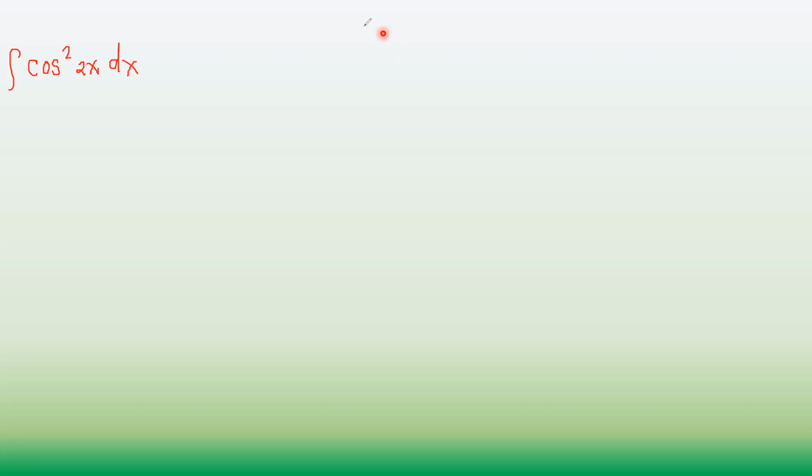Yung sabi kanina, balikan natin. Sabi kanina, yung cosine squared u, ang ipapalit mo doon ay 1 half plus 1 half of cosine 2u. So let's use this identity.